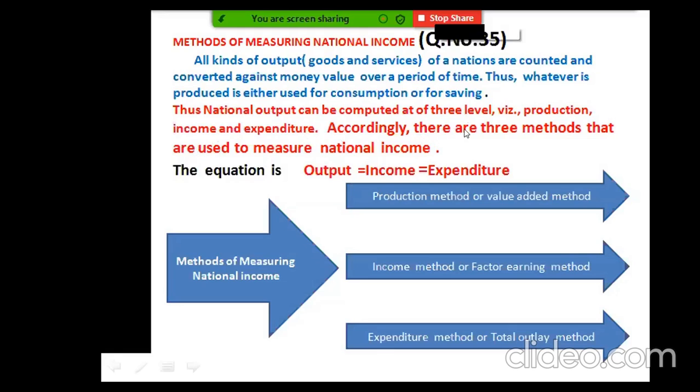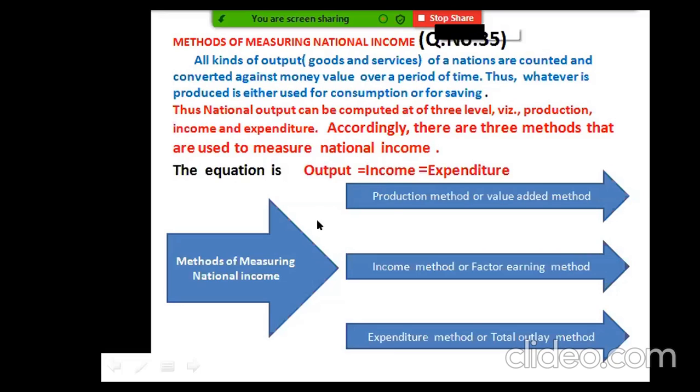Accordingly, there are three methods that are used to measure national income. The equation is output equals income equals expenditure. That means all output generates its own income, and the income has its influence over the commodities, that is expenditure. Output leads to income, income leads to expenditure.